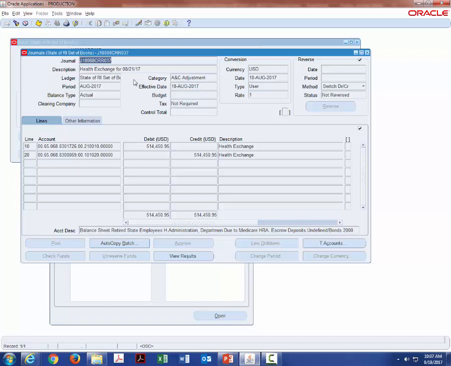A state agency must never use the category A&C adjustment. This category is for the exclusive use of staff members of the Office of Accounts and Control.